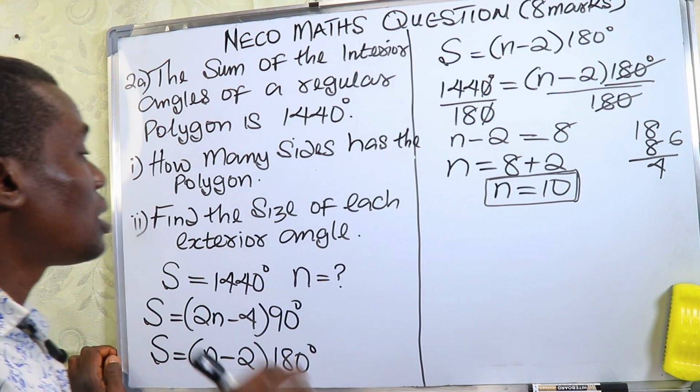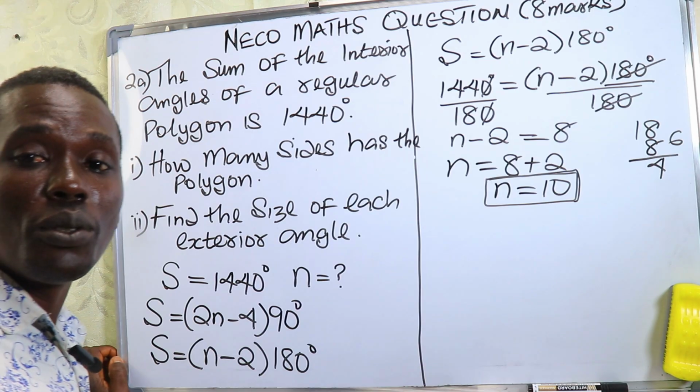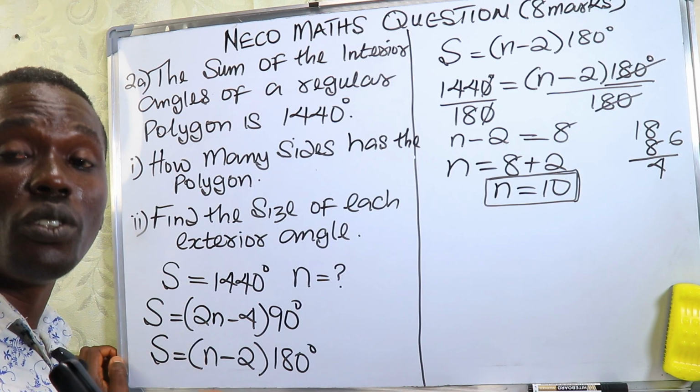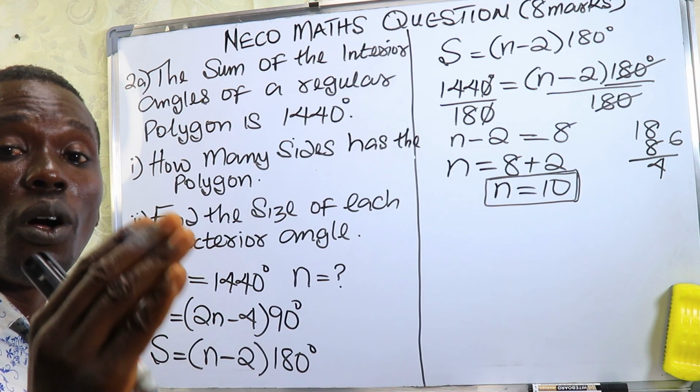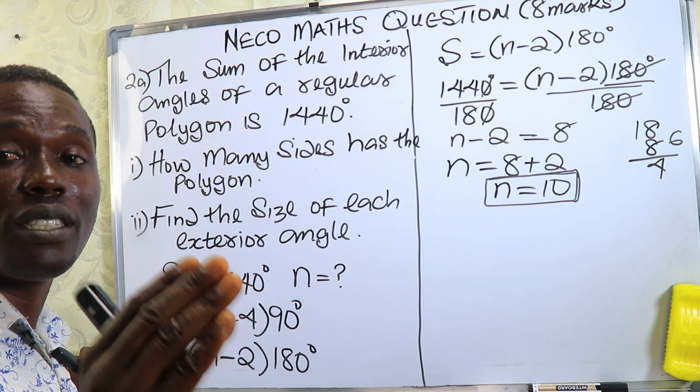So the next question says we should find the size of each exterior angle. Now, the sum of the exterior angles of a polygon is always 4 right angles, that is 360 degrees.